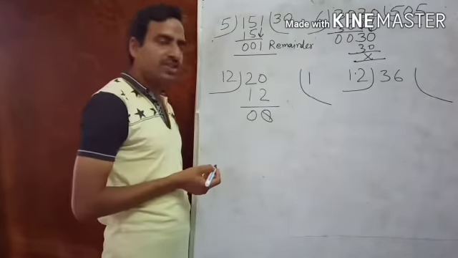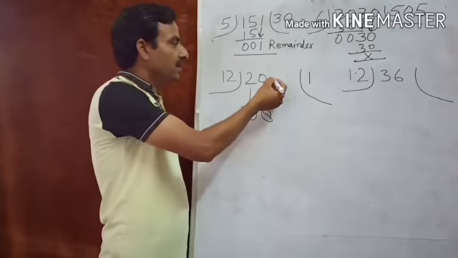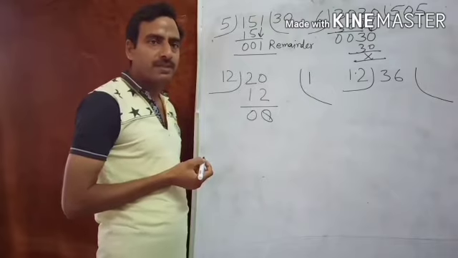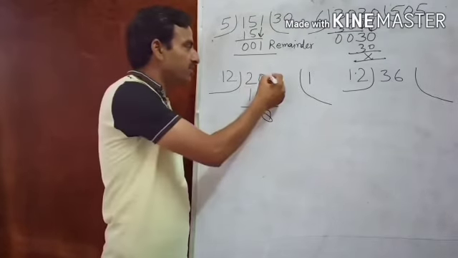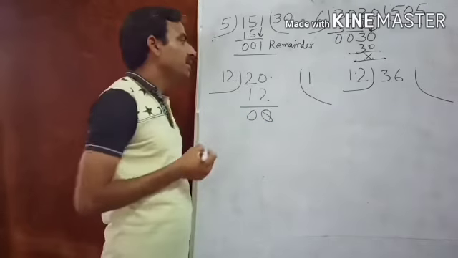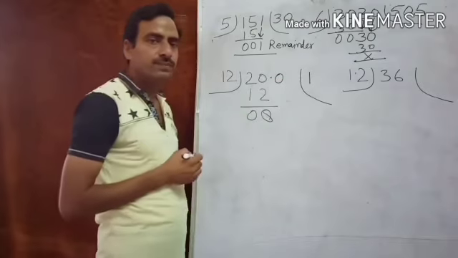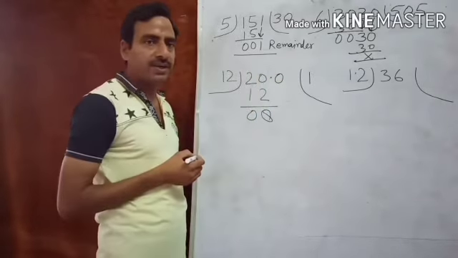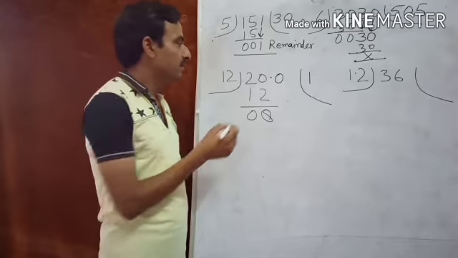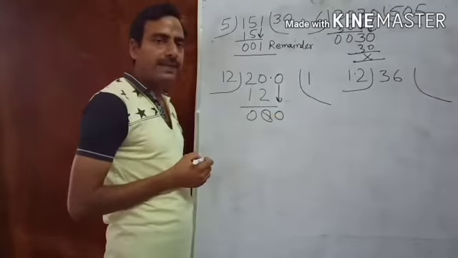Now 8 is the remainder. If the question is asking for the answer up to decimals, how do we get it? We have to put a decimal after the dividend and put 0, because this 0 will not change the value of any dividend. Then we include this 0 to divide.